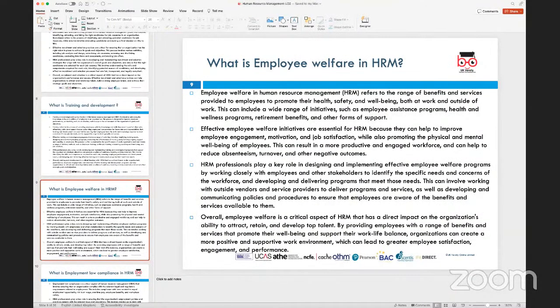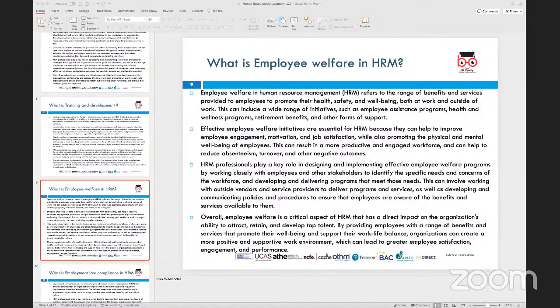Welfare in HRM typically tends to be the key aspect wherein you're looking at ensuring that the employees are taken care of within the organization. That means they are provided proper resources and benefits to be able to perform their functions.